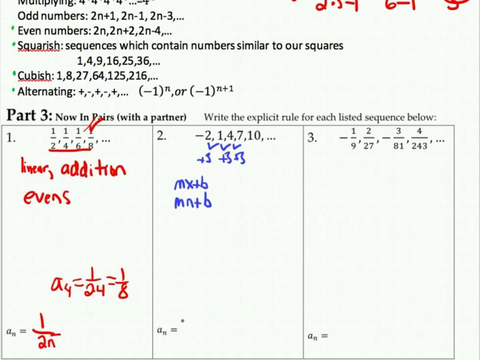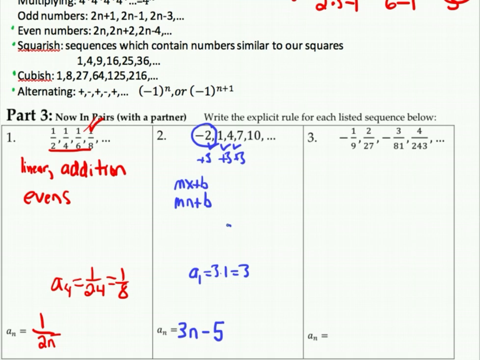So I think it's pretty natural that you're adding 3 each time, so you're going to have a 3n. But if you just plug 1 in, you get 3 times 1, which is 3. It's not supposed to be 3, it's supposed to be negative 2. So how do you turn that 3 into negative 2? Well, real easy. You go minus 5. Minus 5 is going to get what you need.